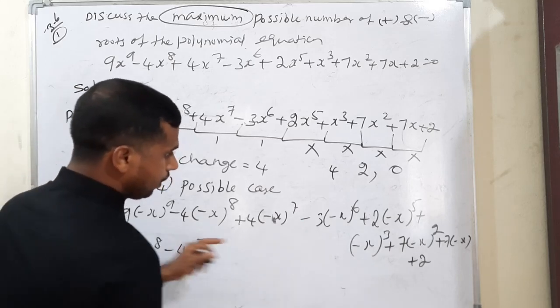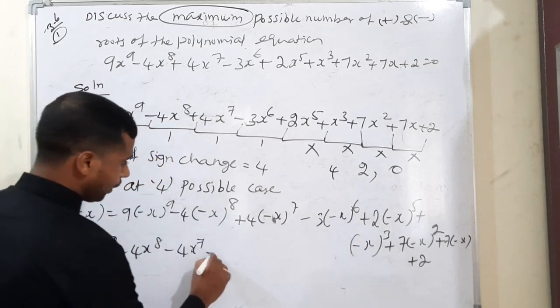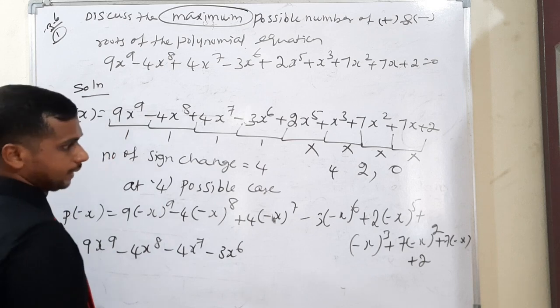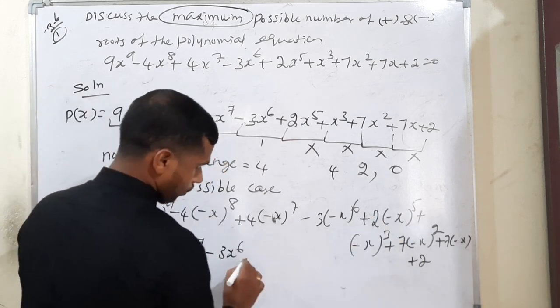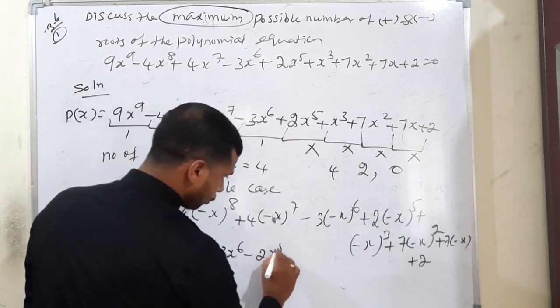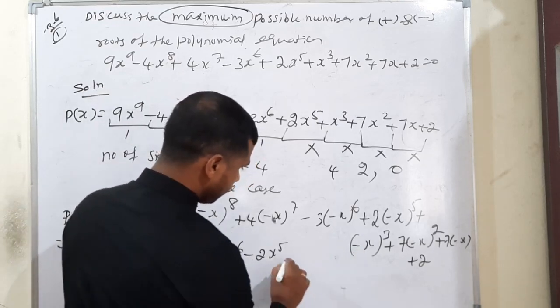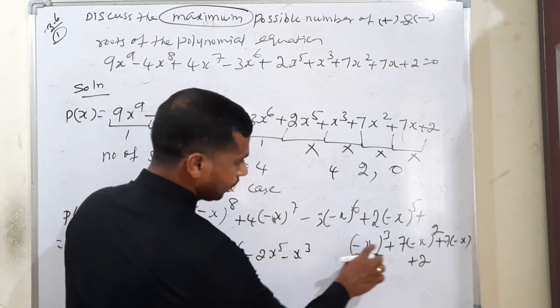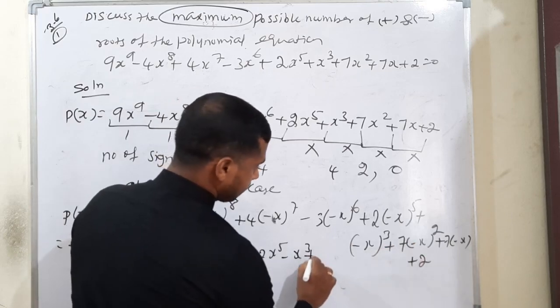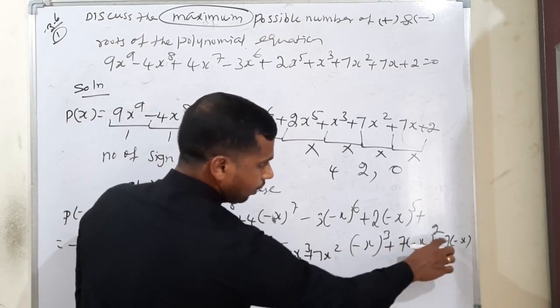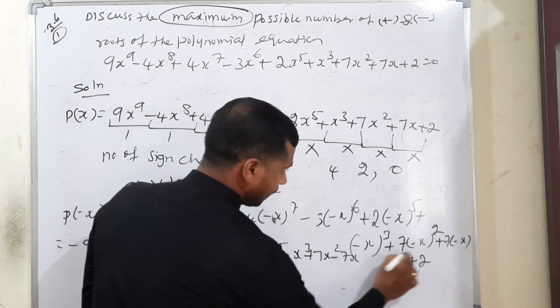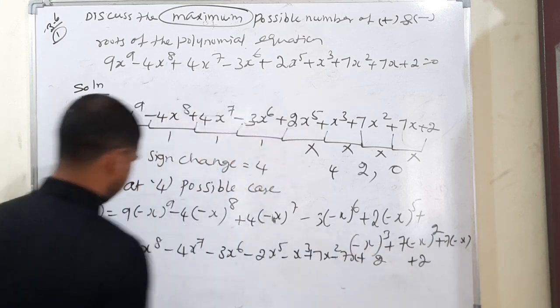Next, the power is even, so negative 3x to the power 6. Next, odd, so negative 2x to the power 5. Here negative x cube. Next plus 7x square, again minus 7x, and the last is the constant.